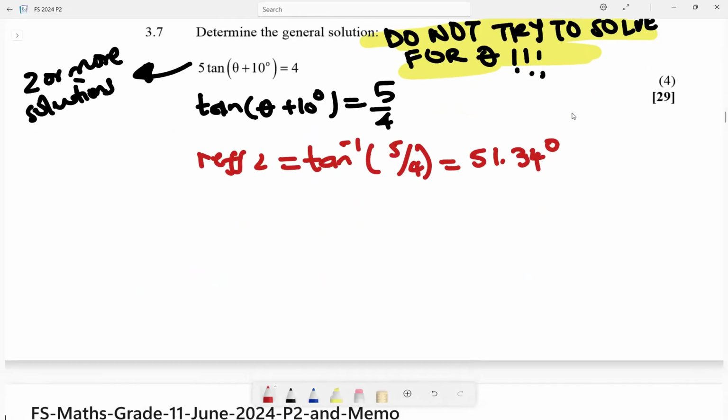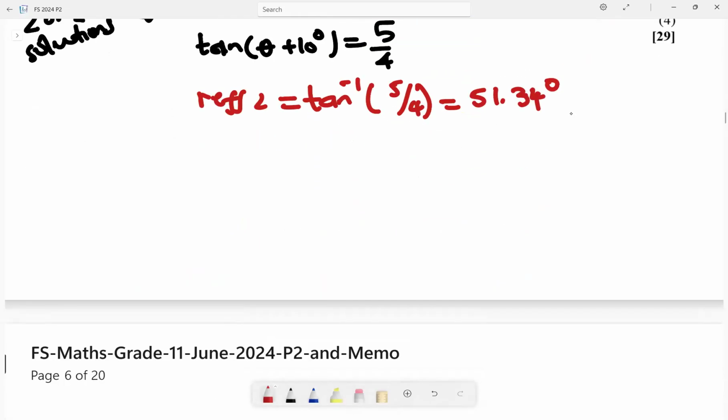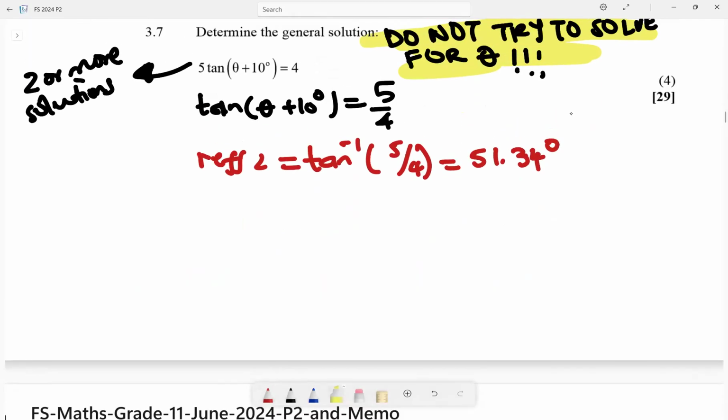So what I do, I have to choose 2 quadrants. How do I choose 2 quadrants? I go back to the original equation. Can you see that tan is positive there? So, reminder, on our CAST diagram, where is tan positive?